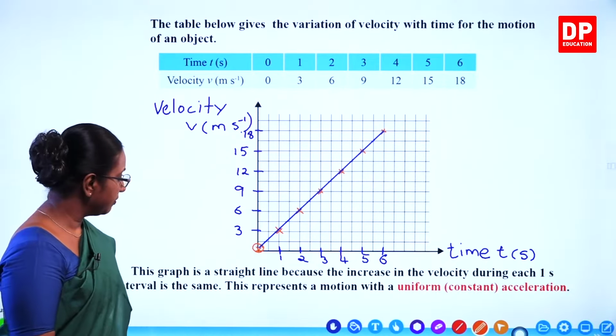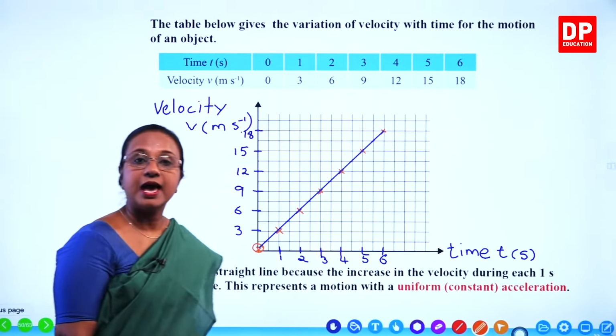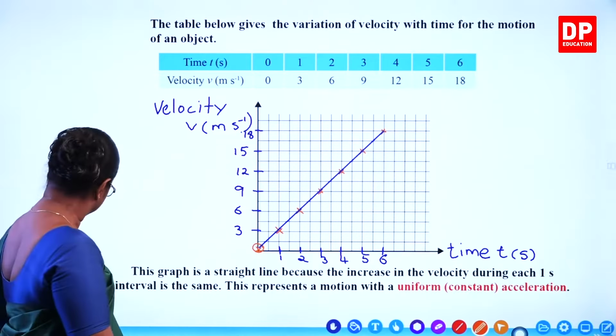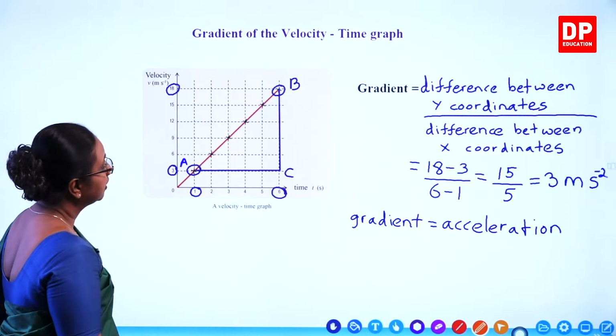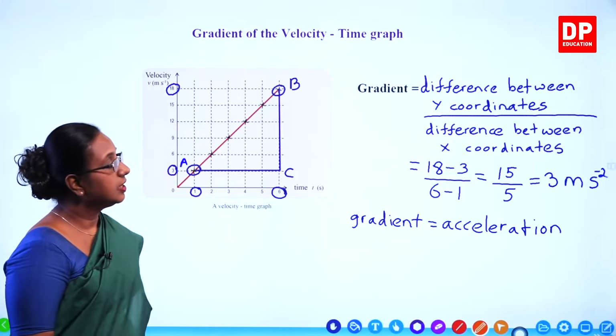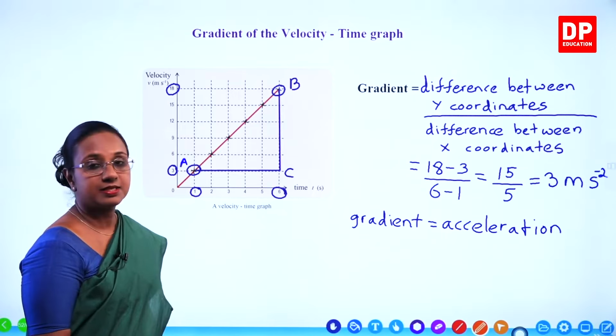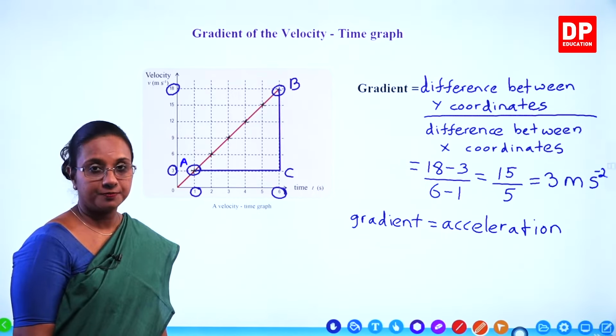What I mentioned before, it is uniform or constant acceleration. We go back to the other slide. So here also we calculated the constant acceleration, that is 3 meters per second square.